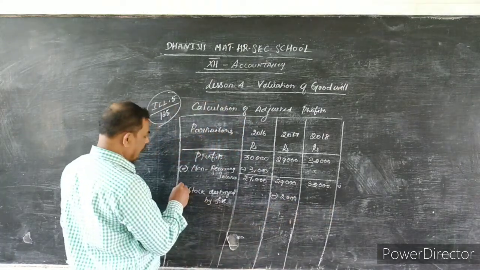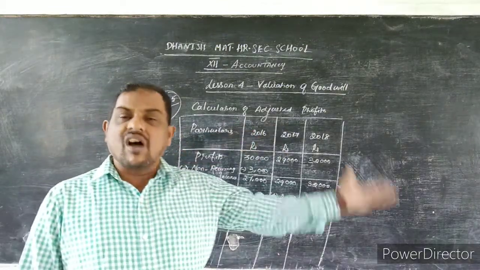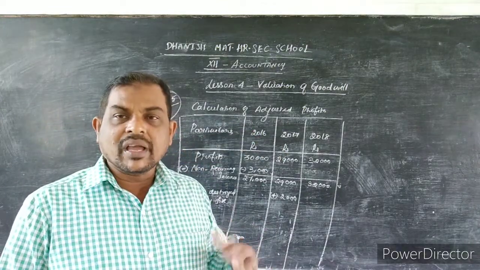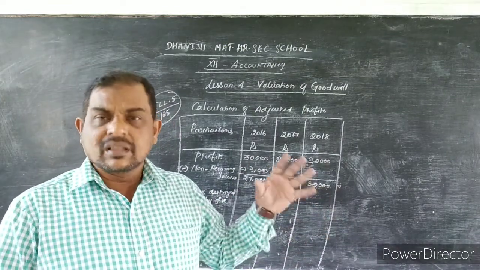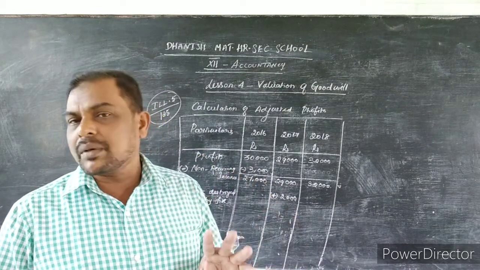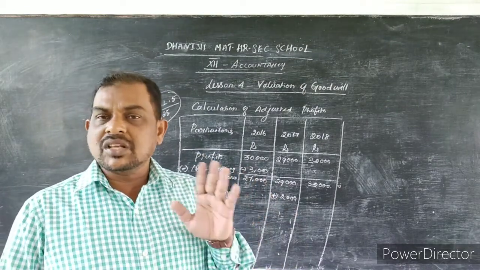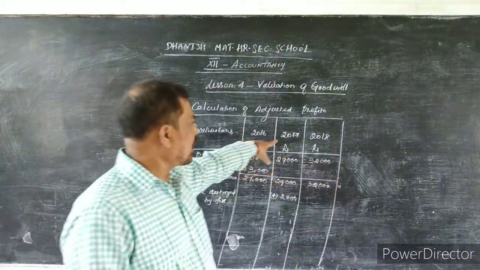Now we have to add this amount because they have deducted it wrongly. We have to compensate by adding it. They should not deduct it. That is not a normal loss, it is an abnormal loss, not an actual trading loss, but they wrongly deducted it from the particular year.